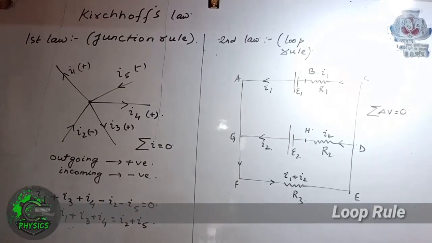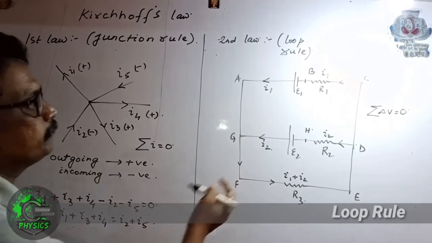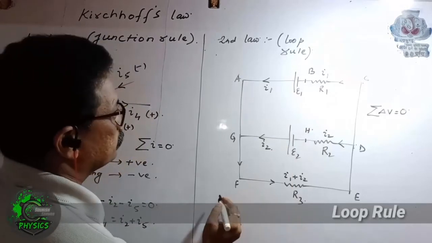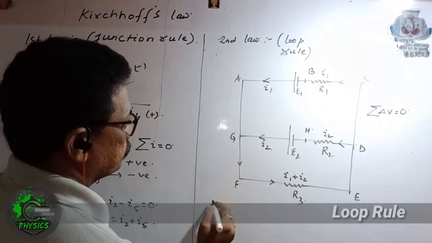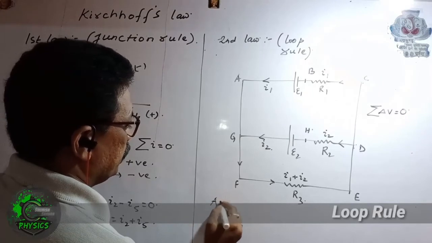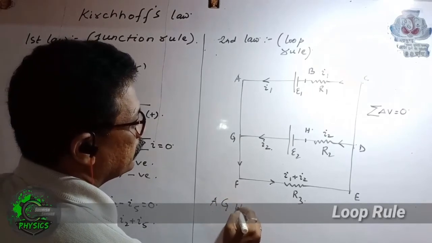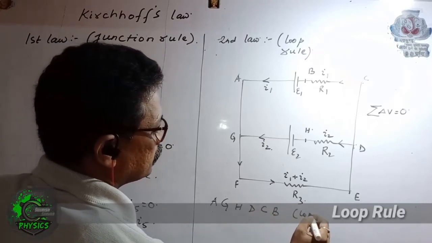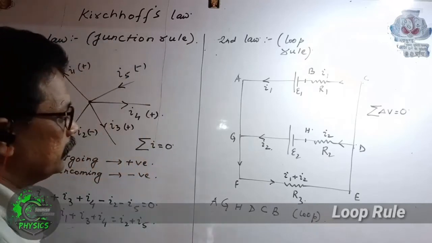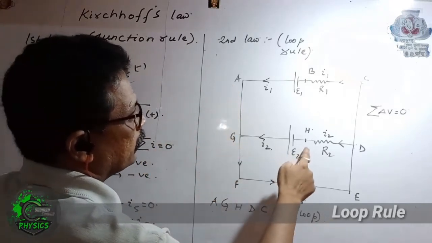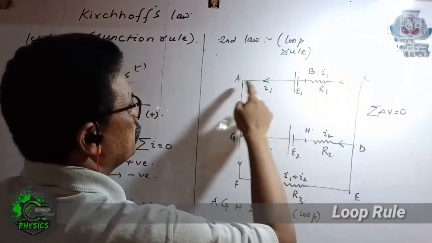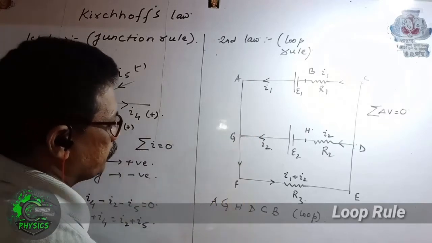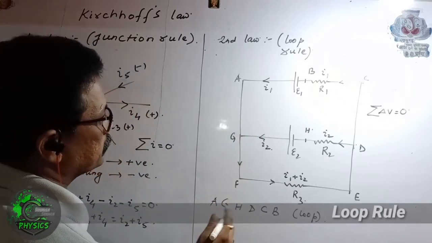Now let us see the loop rule, how to consider the particular loop and how to write the equation. Consider the loop A, G, H, D, C, B, A. Now for each section we have to write down the potential difference.